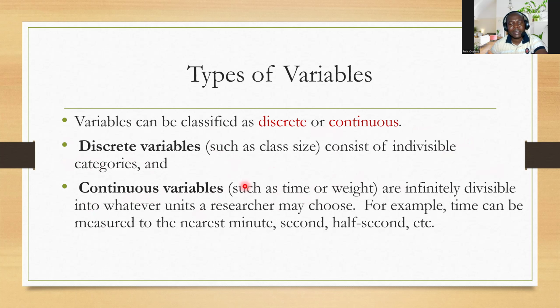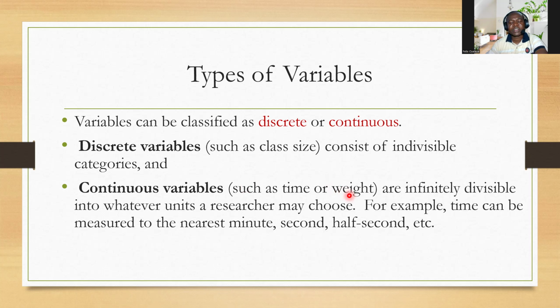And many times you can have them in the form of values that can take place between two whole numbers. Like when you look at weight, somebody's weight can be 70.5, 70.6, 50.5.